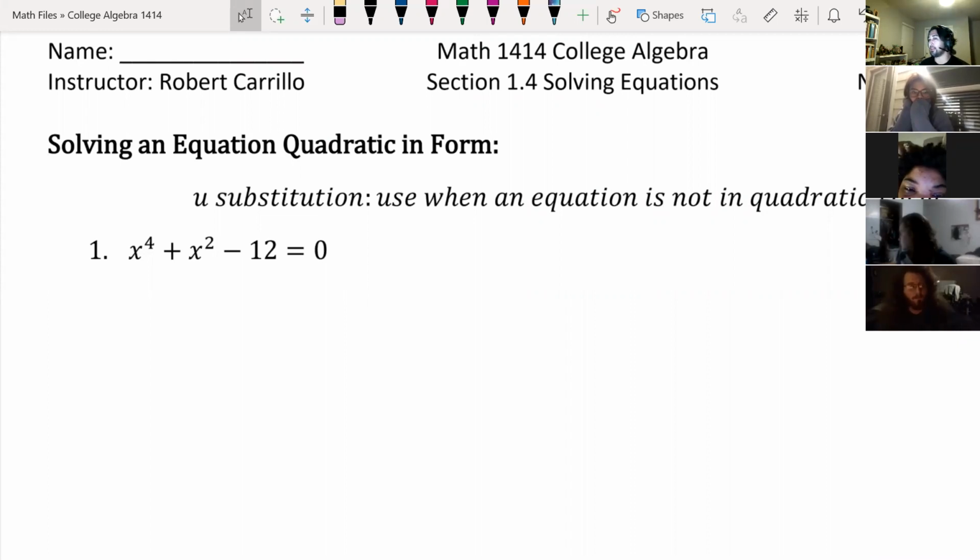So here we want to factor x to the 4th plus x squared minus 12. And this is called quadratic in form, but it's not what we're used to because the leading power is to the 4th. Normally, the leading power is squared, and we're good with that. So U substitution will put it into a quadratic form, making it easier to look at.